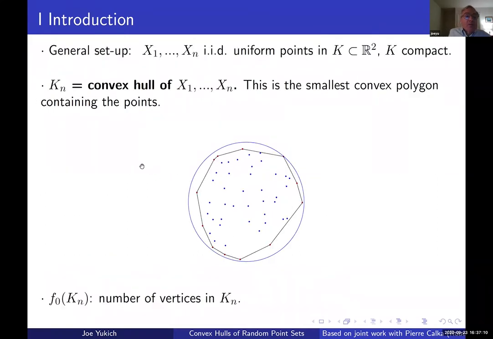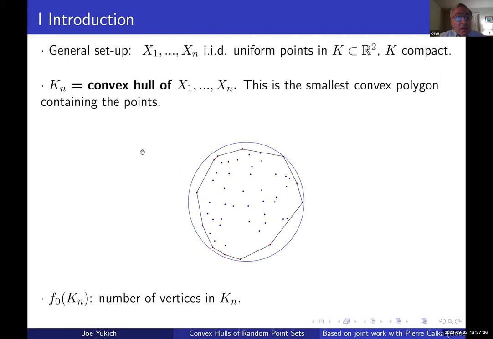But let's go to the general setup where we have now n points put down uniformly at random in some compact planar set. Let's always denote by Kn the convex hull of the point set. By this we mean the smallest convex polygon containing the points.